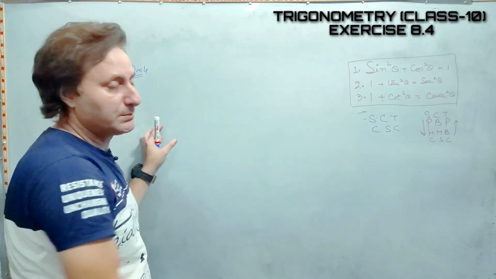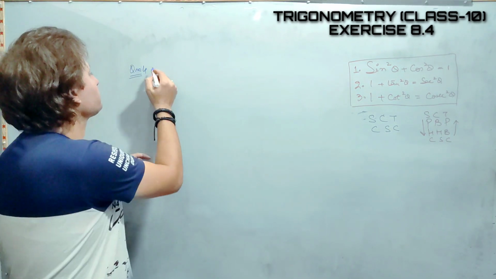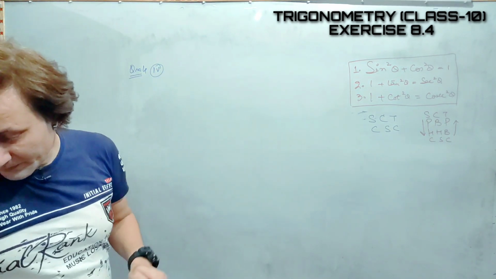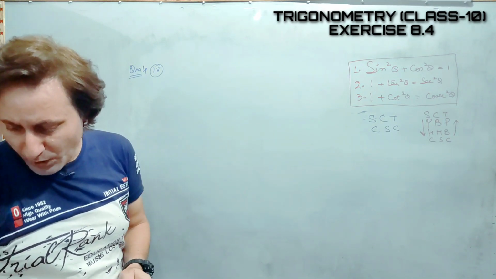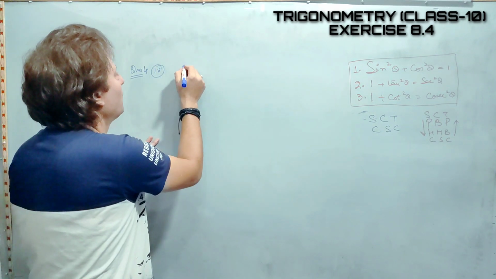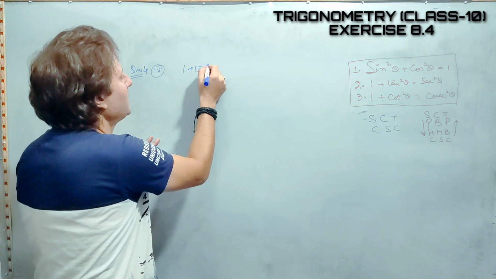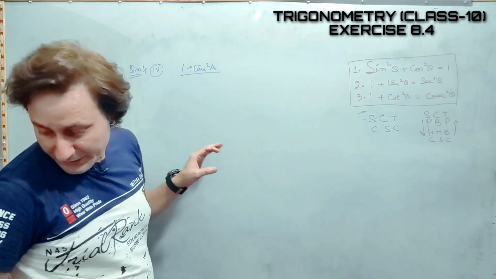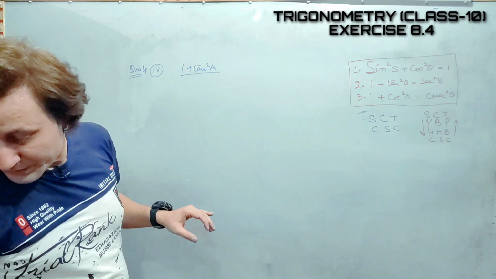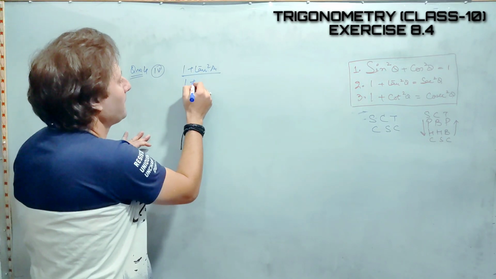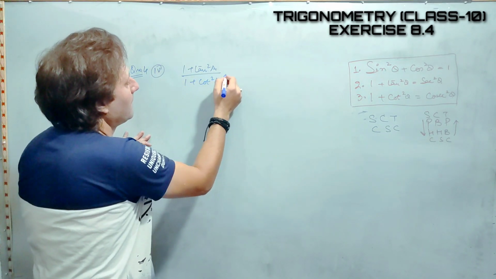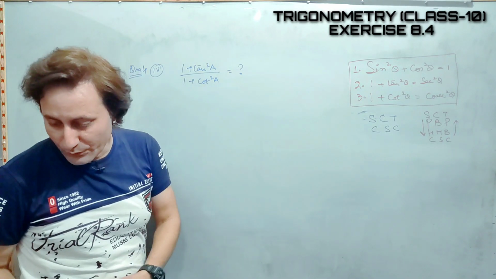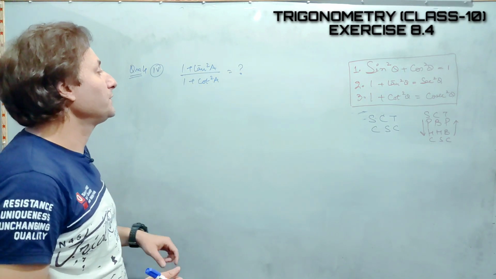So let me quickly go ahead and rub this off and move to the next one. So the fourth part here says, 1 plus tan square A divided by 1 plus cot square A is equal to what? We have the four options, so let's see what we can do.